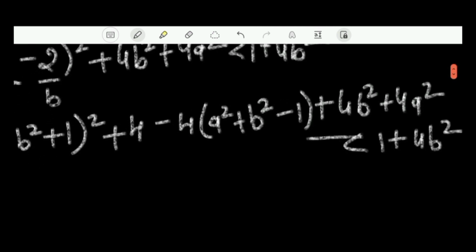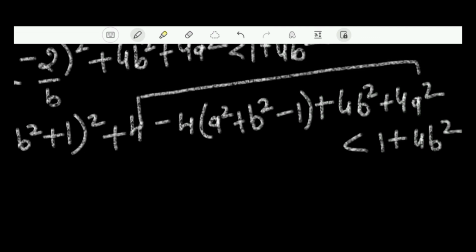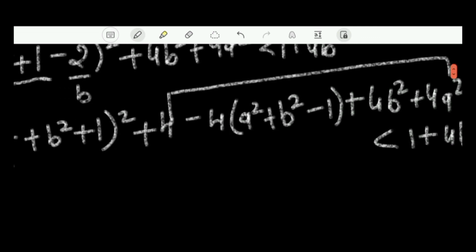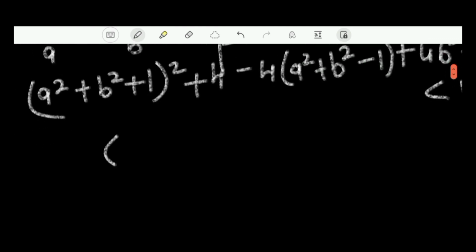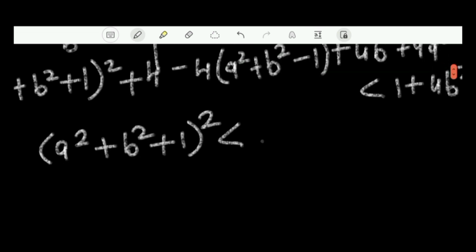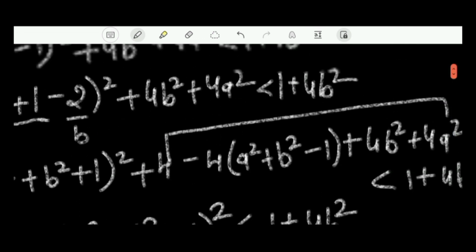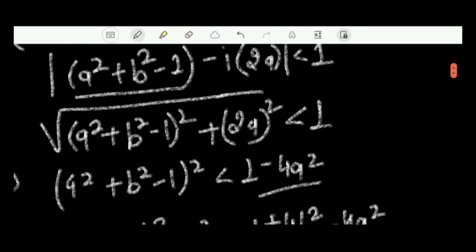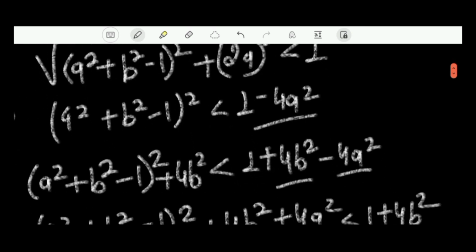And you can simply see that this whole term is going to be 0, and you are left with a square plus b square minus 1 whole square is smaller than 1 plus 4b square. So that was a simple mathematical work, and we can see that these two inequalities are equivalent.